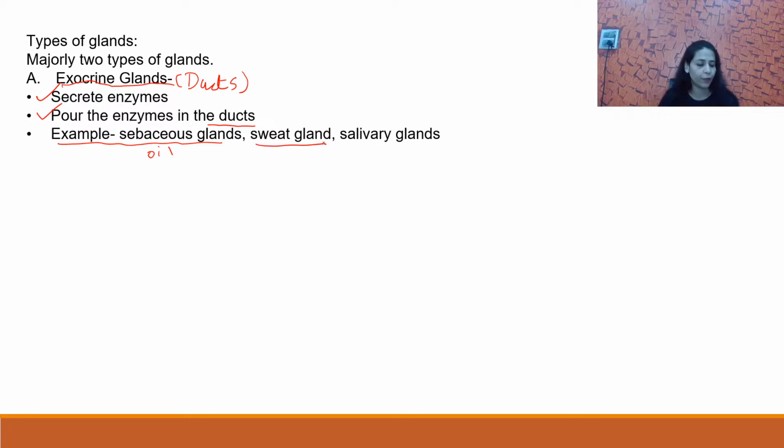Sweat gland. Can anyone give me the biological term used for sweat gland? Do write in the chat box, what is the biological name for sweat gland? It starts with S. I'm giving you a hint. As if we are playing a KBC, isn't it? Anyone?